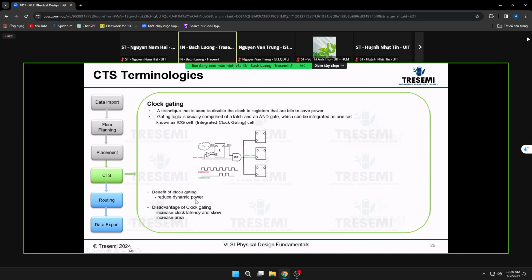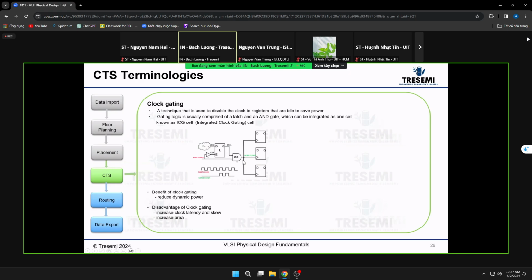So the benefit of clock gating is reduced dynamic power. The disadvantage of clock gating is increased clock latency and skew. You guys think why? Right? Remember we talked about insertion delay and so on. So you're adding extra logic in between on the clock, right?